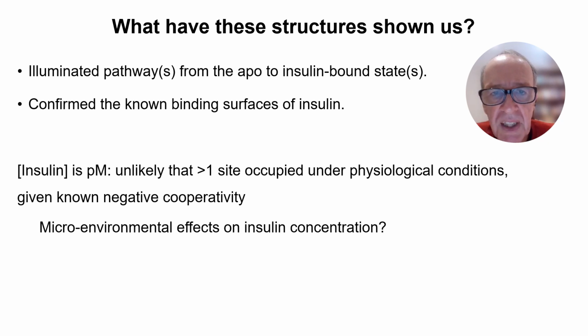Of course, all of the kinetic analyses have been carried out under in vitro conditions, and it is certainly possible that under physiological conditions there could be microenvironmental effects that alter the local insulin concentration and could, in principle, lead to the possibility that some of these higher stoichiometric states exist, but that would be the subject of further investigation.